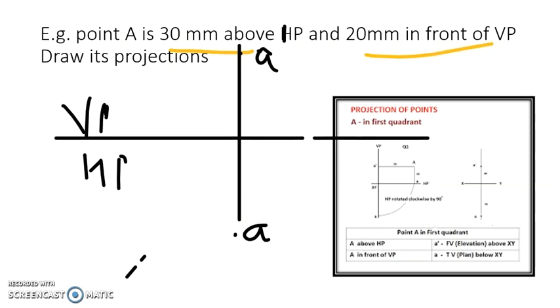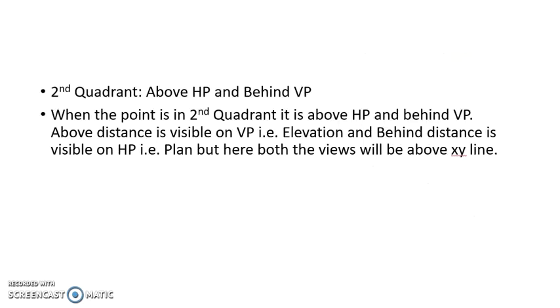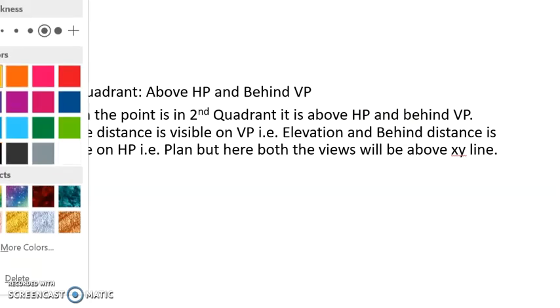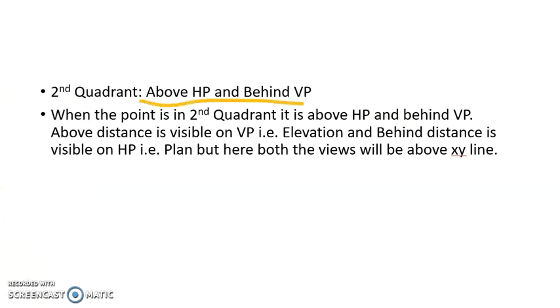Okay, now we will go to the another slide. That is second quadrant. So when the point is in second quadrant, it is above HP and behind VP.